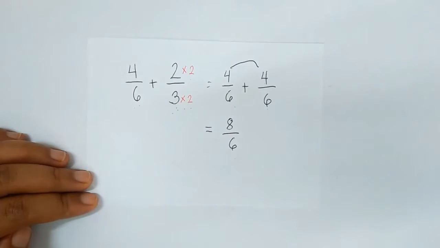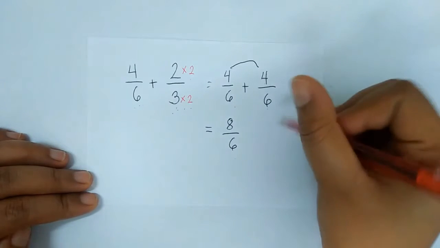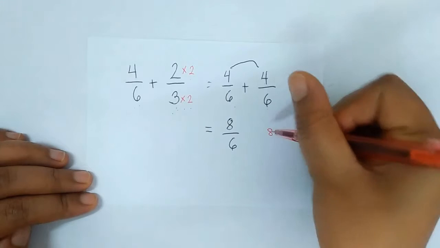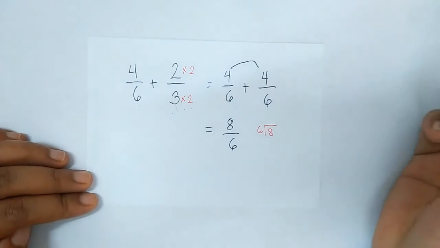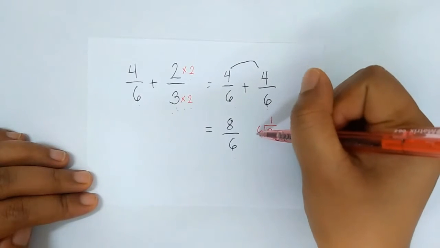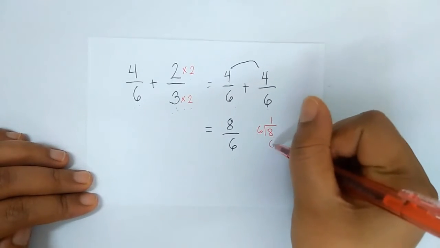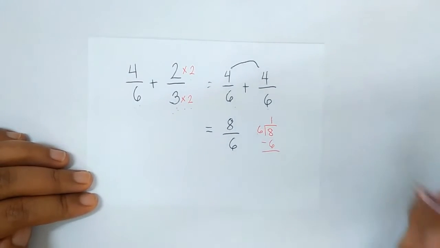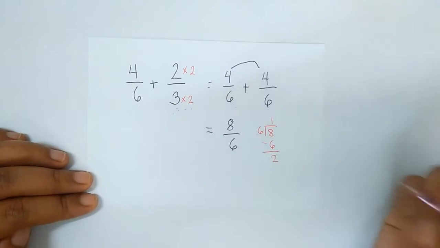And if that is an improper fraction, you need to make it into a mixed number by long division. So let's divide. 8 divided by 6 is equal to 1. 1 times 6, 6. Subtract. 8 minus 6 is equal to 2.